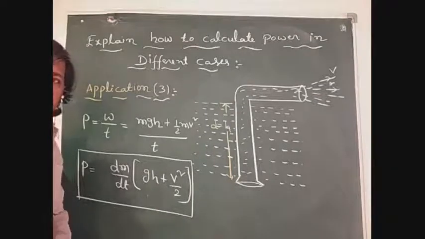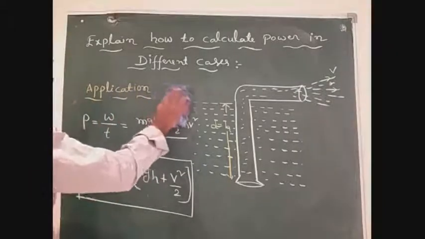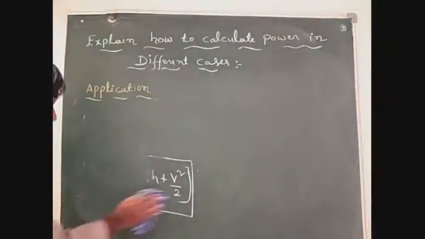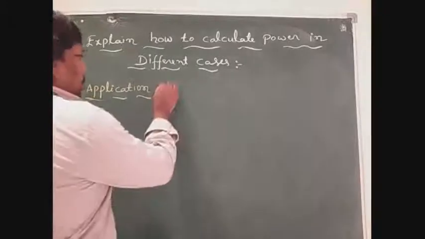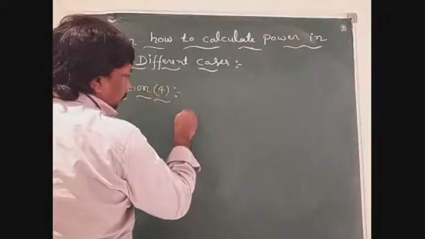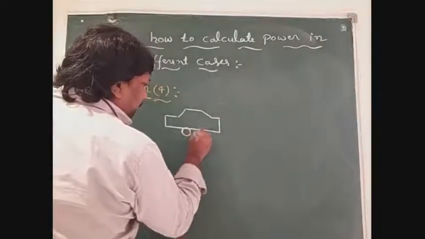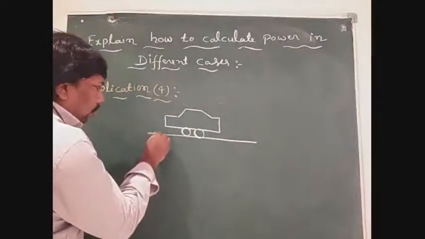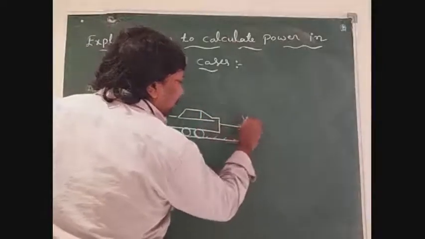Right. Next, application number 4. In the case of application number 4, a car of mass m is moving on a rough horizontal road with constant speed v.